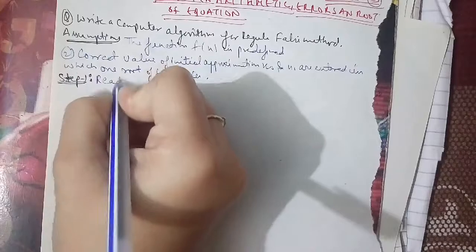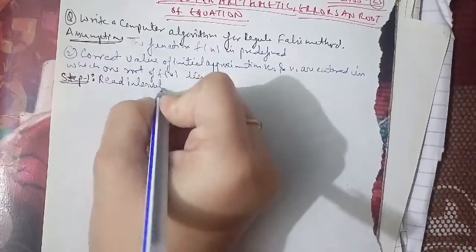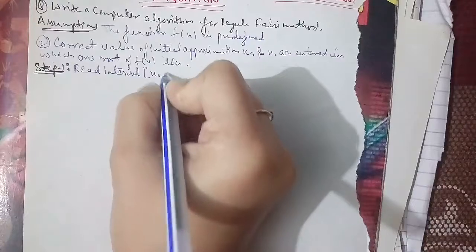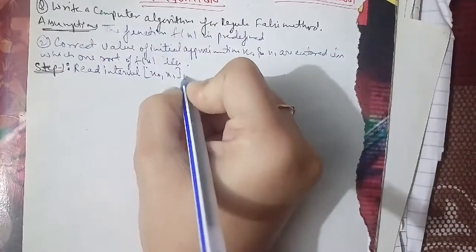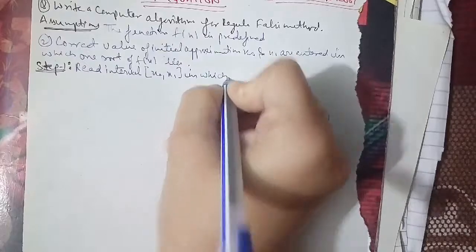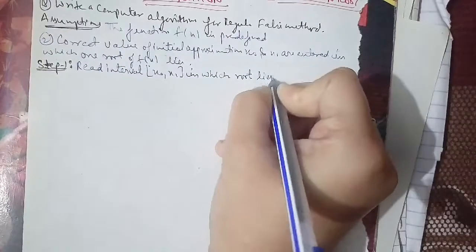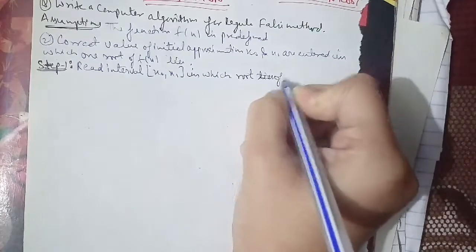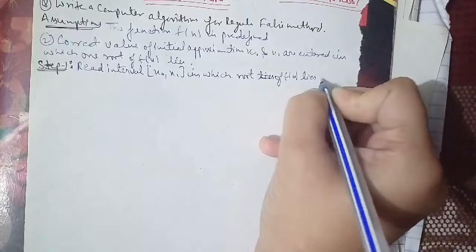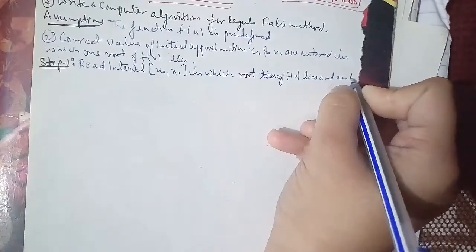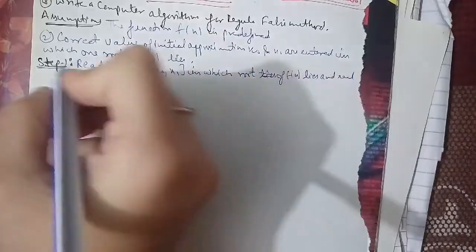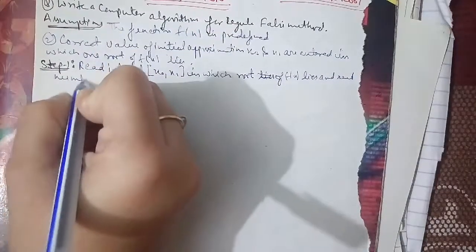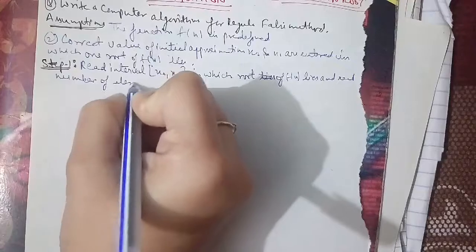For step 1, read the interval x0, x1 in which the root of f(x) lies, and read the number of iterations to be performed.